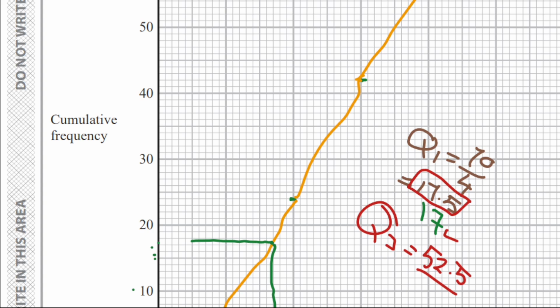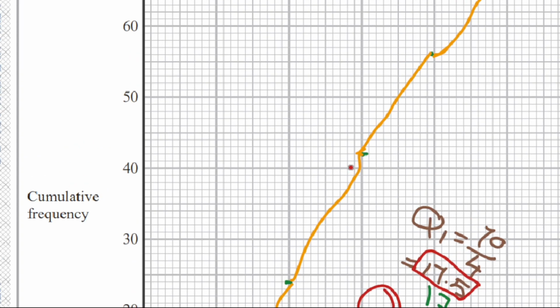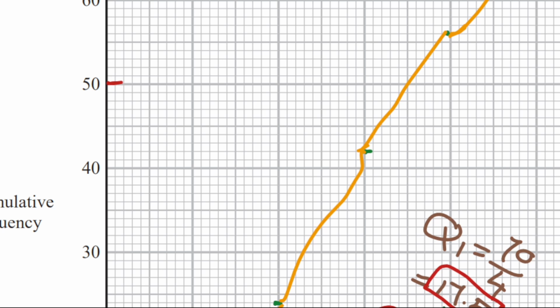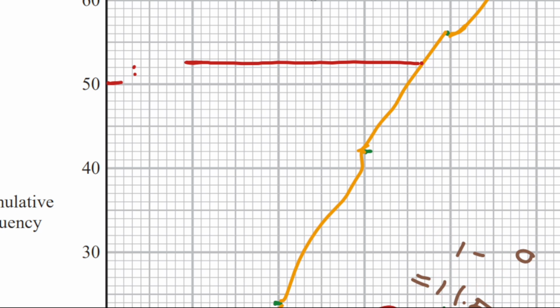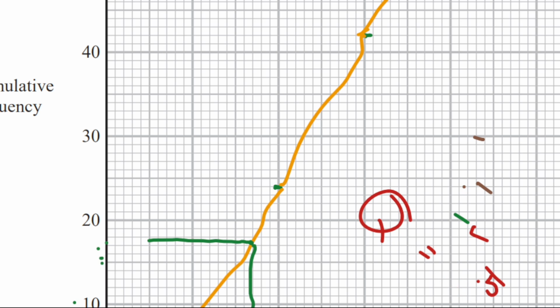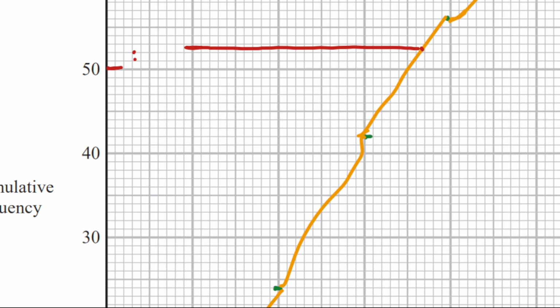All right, where are you? This is 50, 51, 52.5 is in the middle here, right? So this point specifically. Then we go down from there until we cross the x-axis. So let's go down here. I think it's this line. Just let's follow the line. It's this line, right?